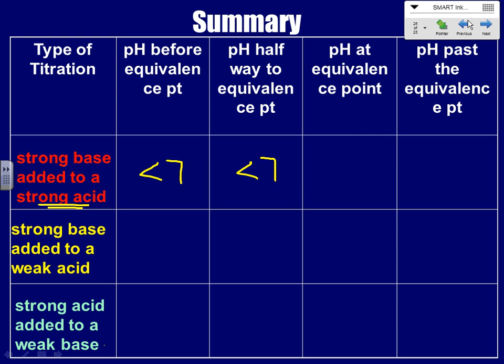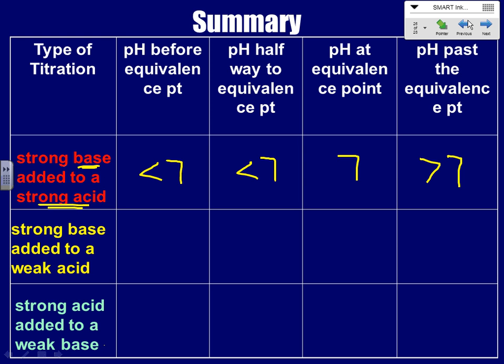At the equivalence point, for strong and strong, right on 7. And past the equivalence point, because now we have more base in the water, we are definitely greater than 7.